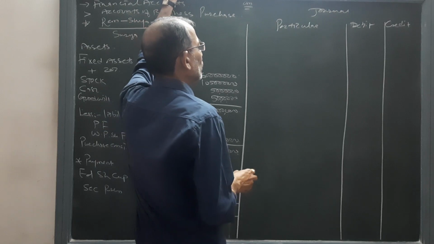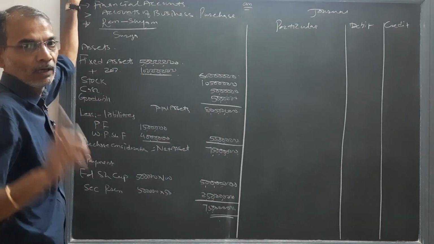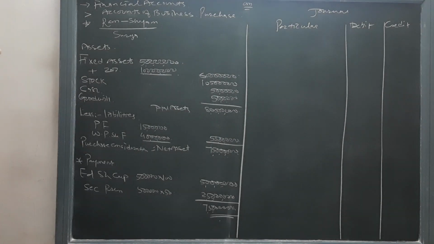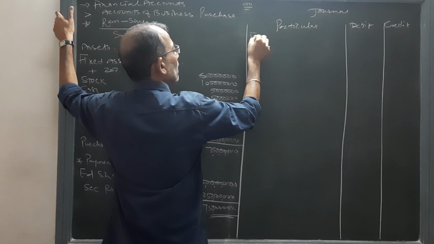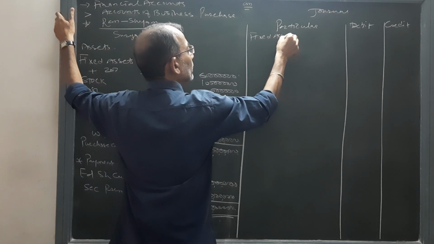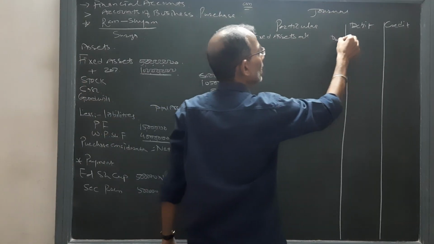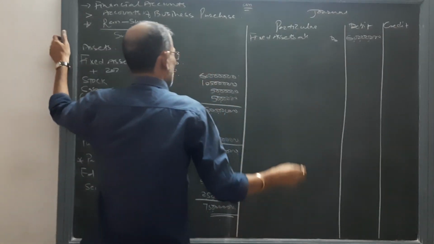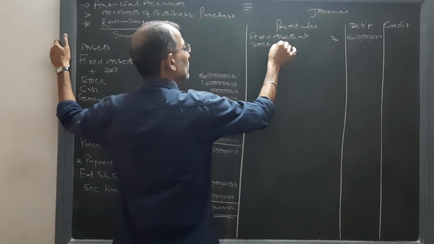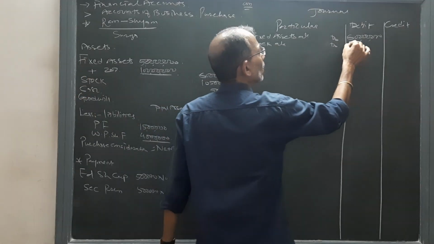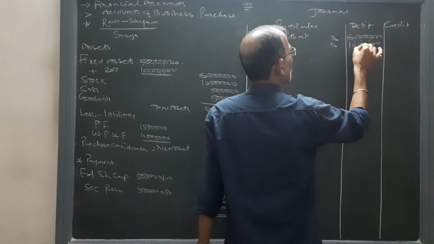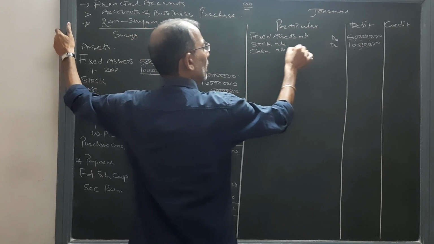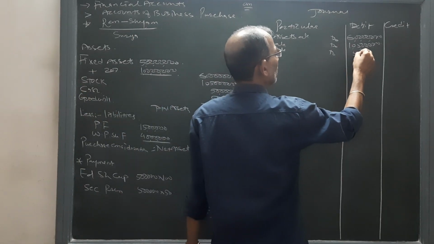Now if we start to write the journal, assets will be debited, liabilities will be credited, and the difference will be credited to Ram and Shyam. So fixed assets account debit 6 crore. Stock account debit 1 crore 5 lakh. Cash account debit 50 lakh.